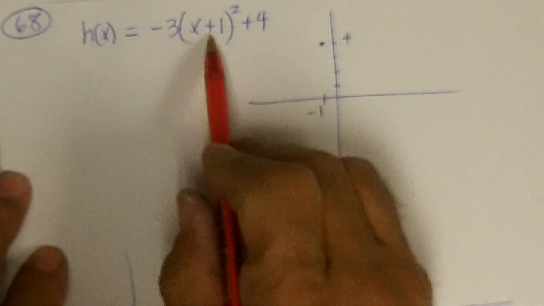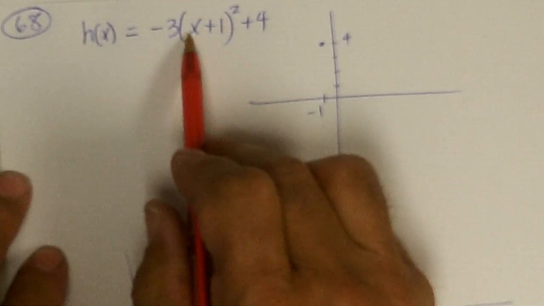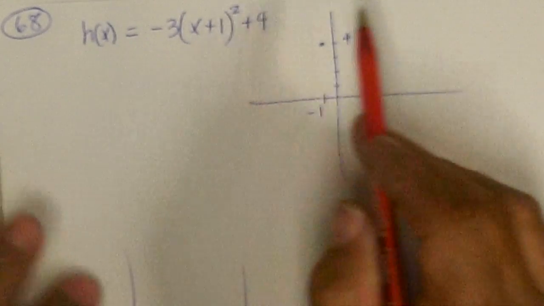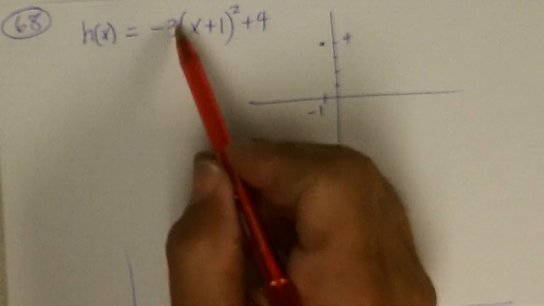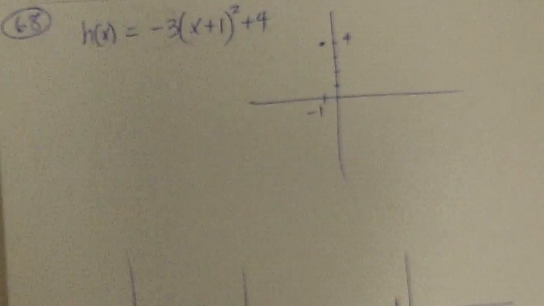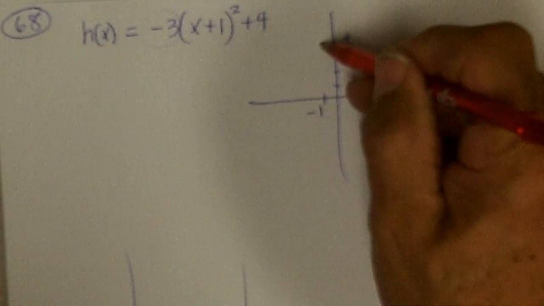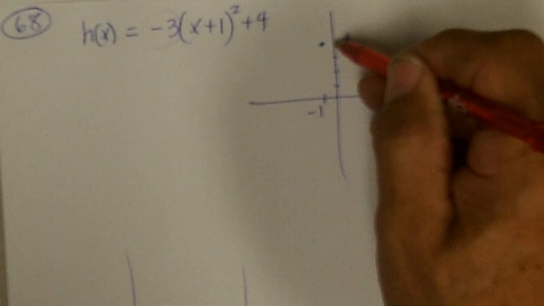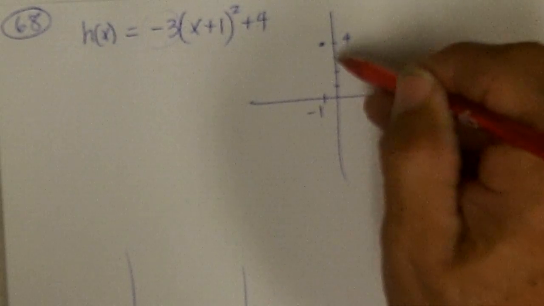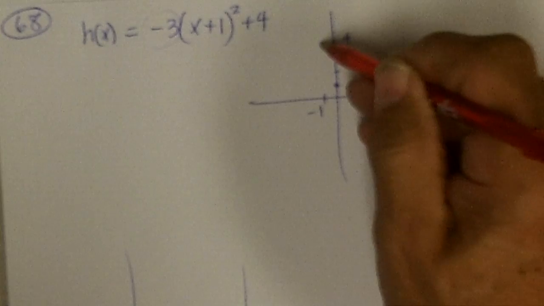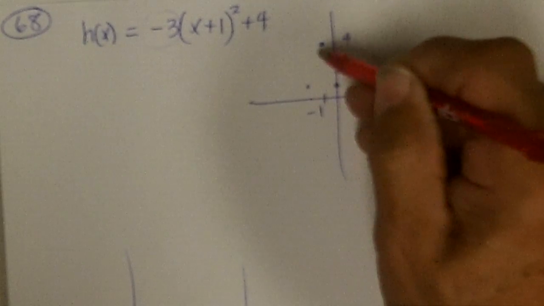Negative 1 because it always works opposite inside the parent function. Outside works the same, so it's at plus 4. It's upside down, and it's going 3 times as fast. So normally a parabola over 1 would be down 1, but it's going to be down 3 and down 3.